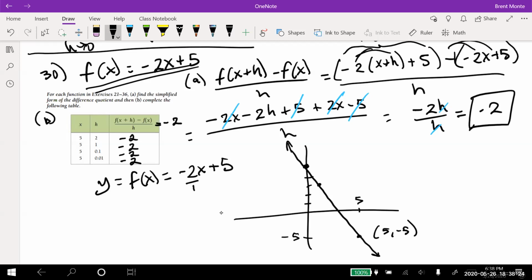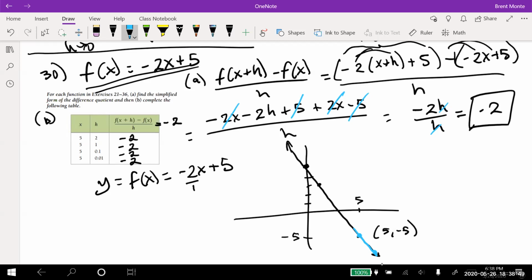But what we're saying is if I look at the secant line between any 2 points, so when x is 5 and when x is 2 away from 5, so if I went over here to 7 and then came down, maybe the line's right here, well, this secant line has a slope of -2 because it's exactly the same line.